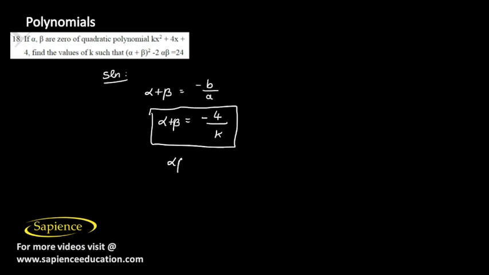And we also know product of the zeros should be equal to constant term divided by coefficient of x square. Alpha beta will be constant term here is 4, coefficient of x square is k. Now it is given in the question that alpha plus beta whole square minus 2 alpha beta is equal to 24.